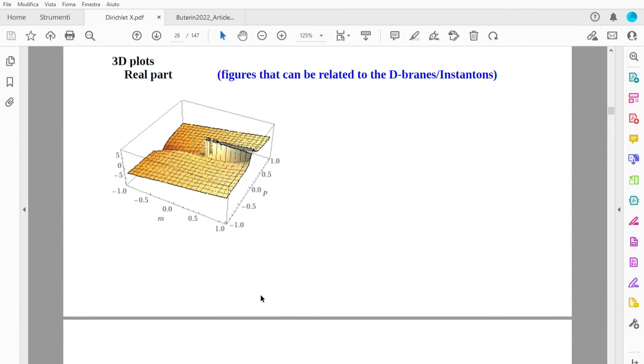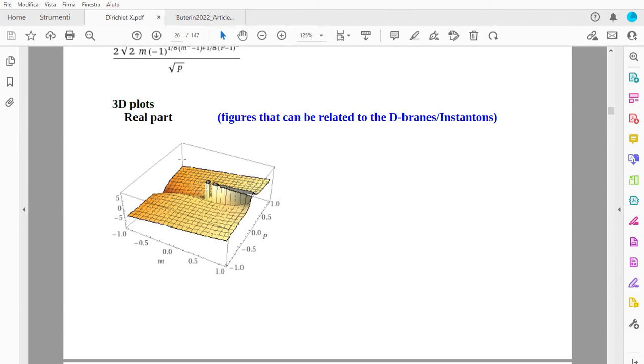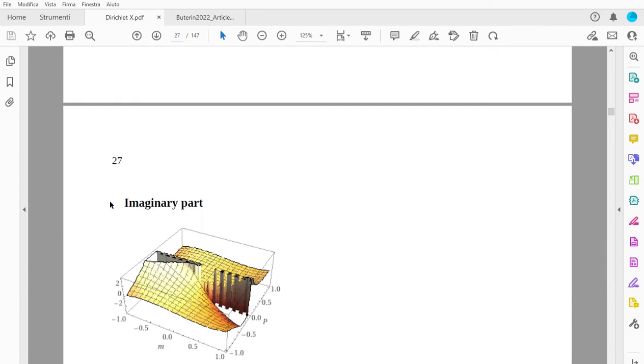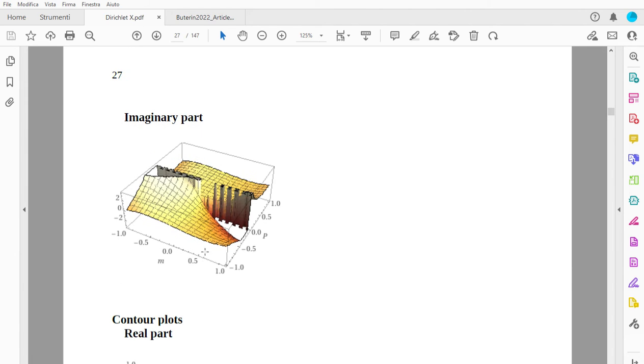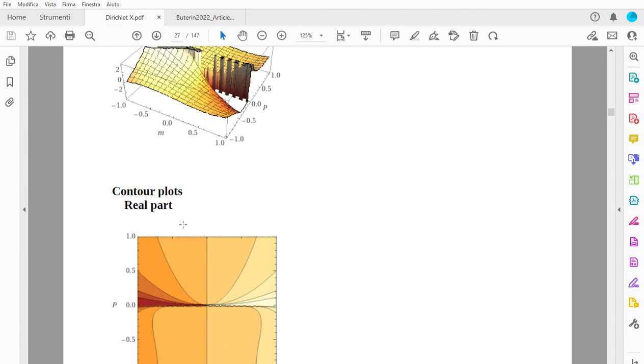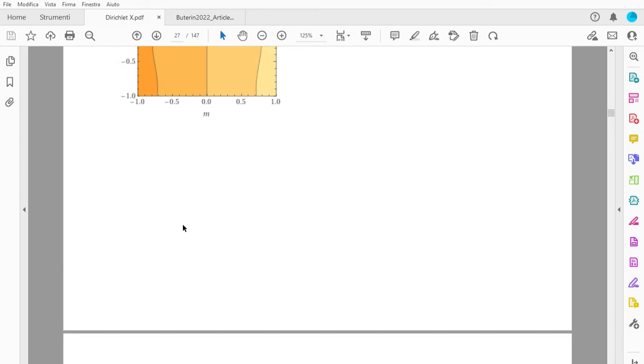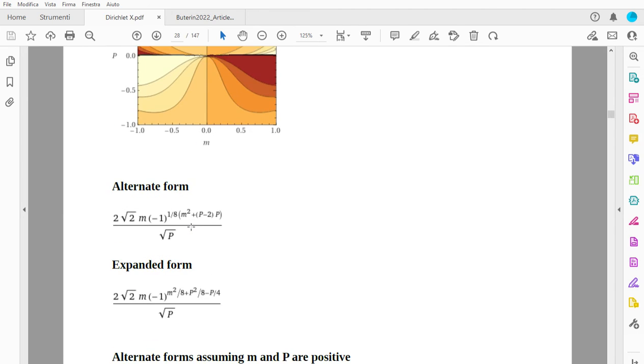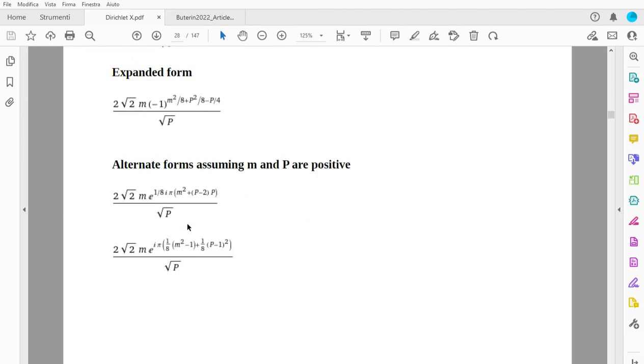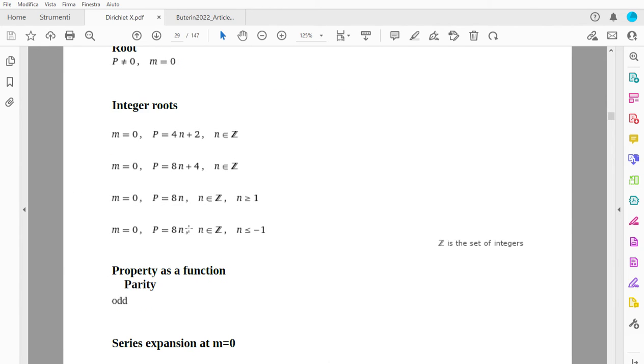Also here we have the real part, that is the following figure, and the imaginary part, that is the following image. Also here alternate form, expanded form, and so.